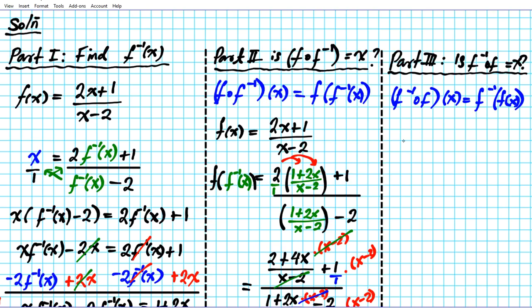Alrighty, let's do it. The inverse function f inverse of x is equal to 1 plus 2x over x minus 2. Alright, so we're now going to get the inverse function prepped for composition. To do that, we just take out the x's and replace them with parentheses.